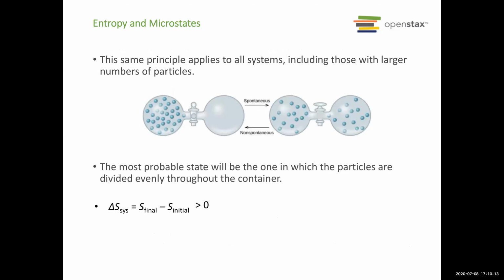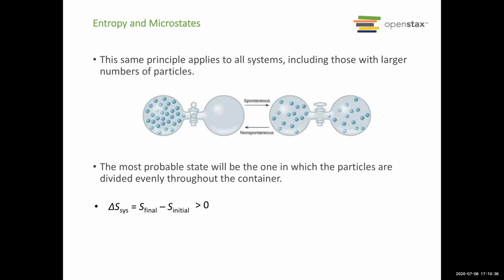So this applies to our previous picture of 2 glass bulbs, or gas confined on one side of 2 bulbs separated by a valve. When you open the valve, it spontaneously spreads out into both sides. There's just a lot more particles, that's all.